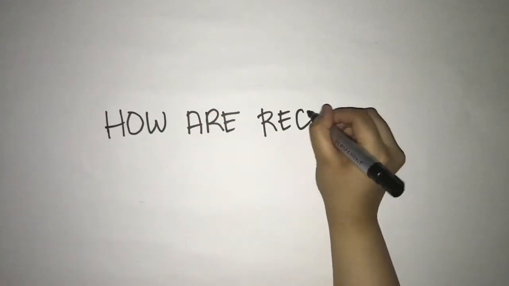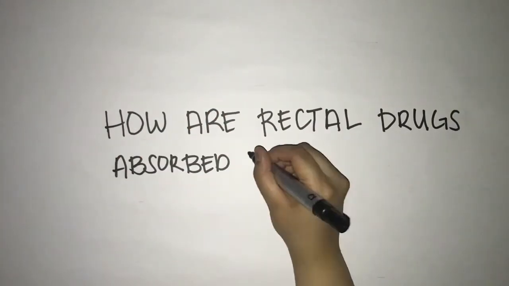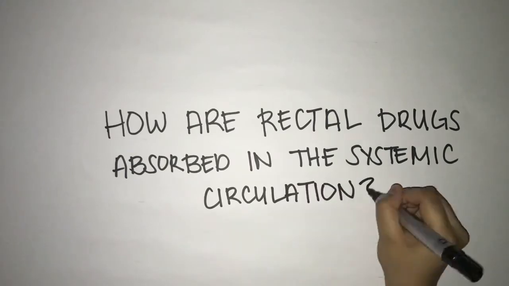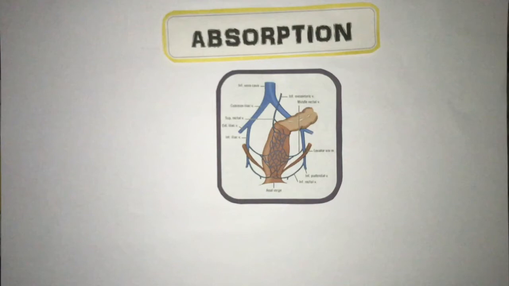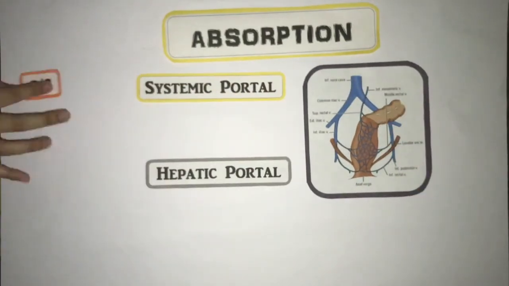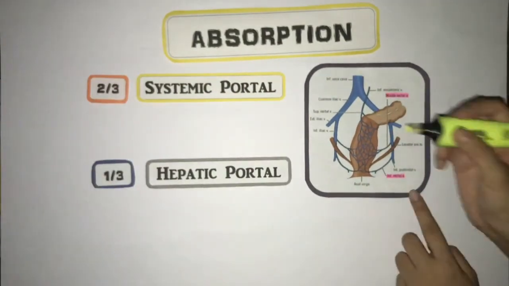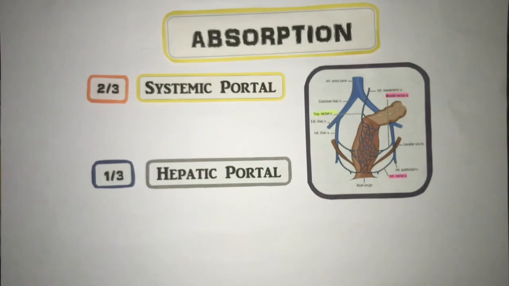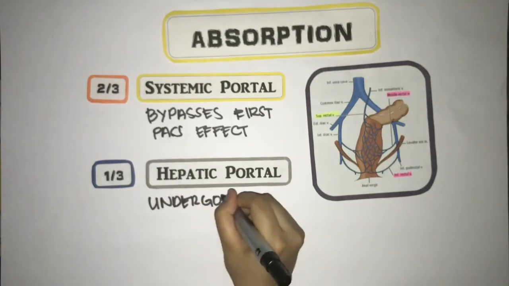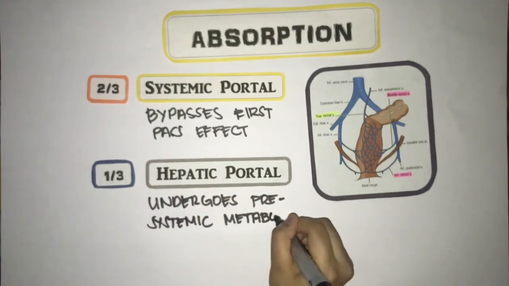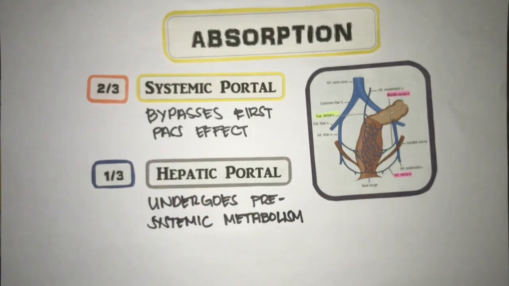How are rectal drugs absorbed in the systemic circulation? Absorption of drugs. Drugs administered in rectal route are absorbed in the circulation by two portals, hepatic and systemic. This is the reason why rectal medications bypass around 2/3 of the first pass effect via the inferior and middle rectal vein, and only 1/3 is metabolized through the superior rectal vein.